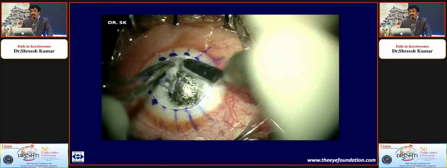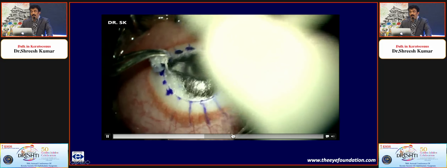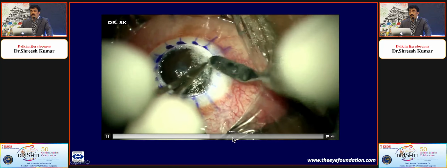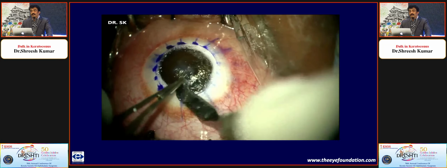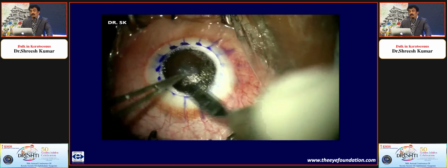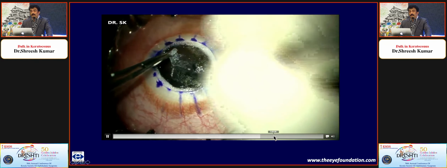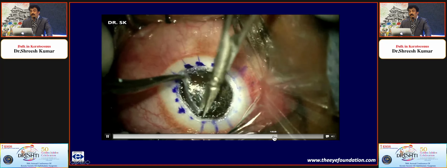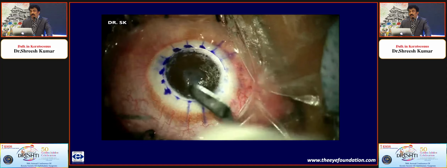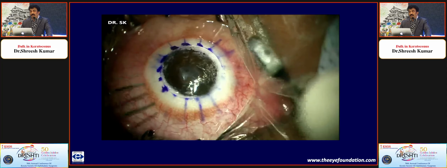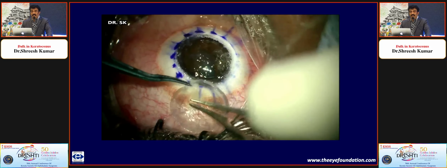We can stop dissection just short of these multiple bubbles. So once dissection is complete, you place the donor graft and suture it.